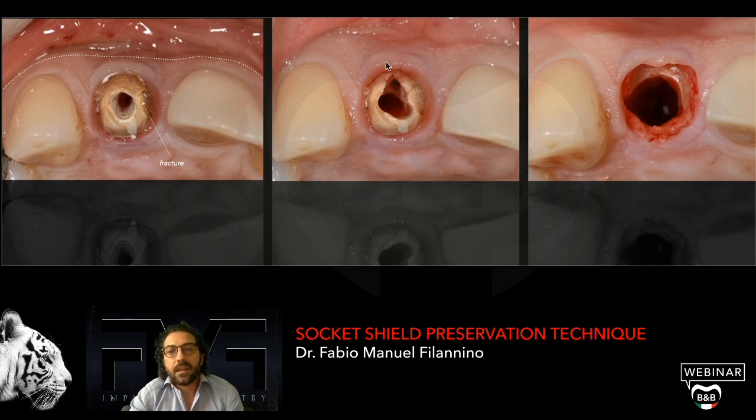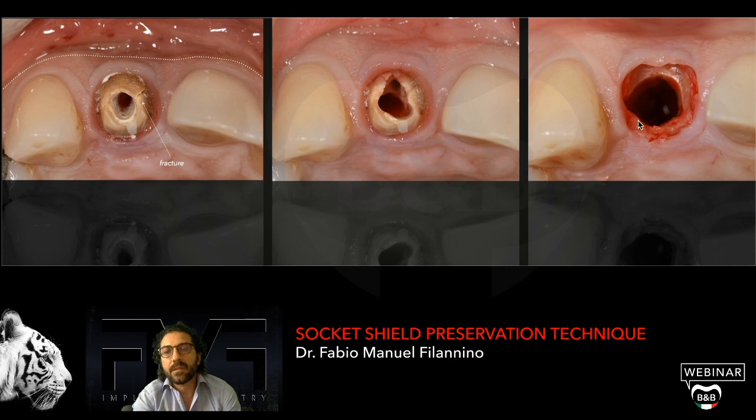So I started to drill to trim the root in an apical direction, and I was lucky because I ended with no fractures, and I kept all the shield here, even in the interproximal area.